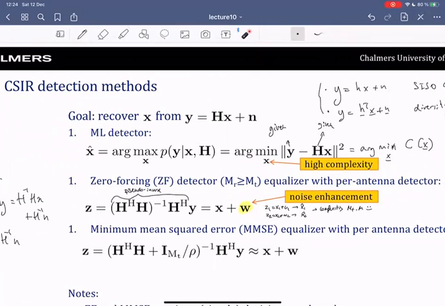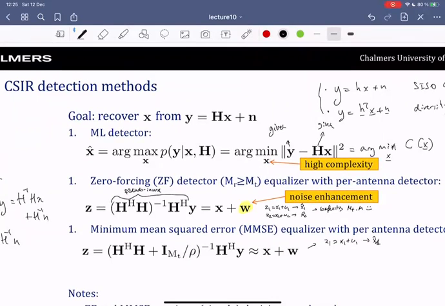There is a third detector called the MMSE detector, which applies a variation of this pseudo-inverse. You have here an additional term which depends on the signal-to-noise ratio. Again, you have an observation model that is now approximately X plus W. Then again, Z1 is approximately X1 plus W1, and you find an estimate of X1.